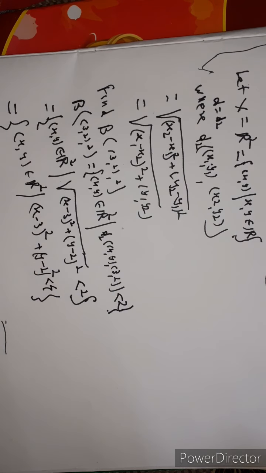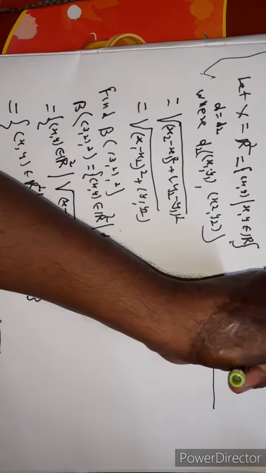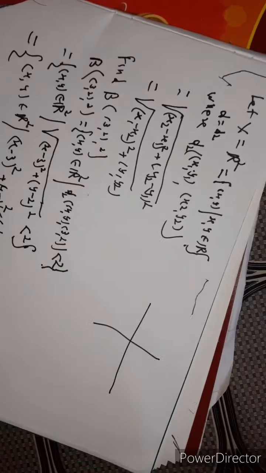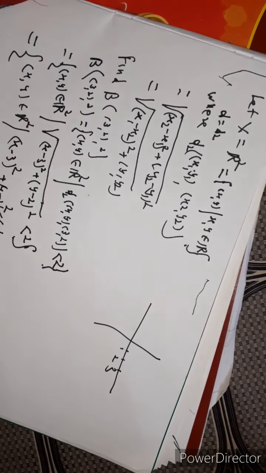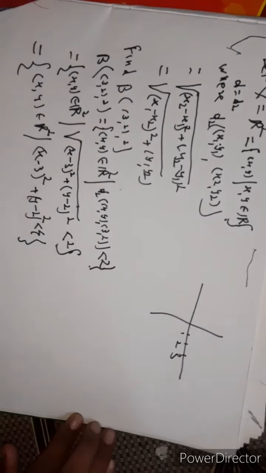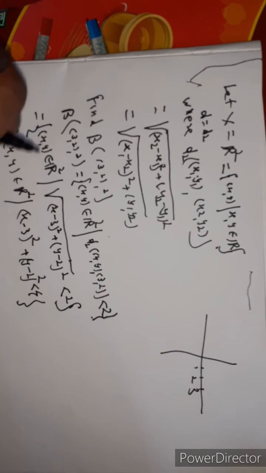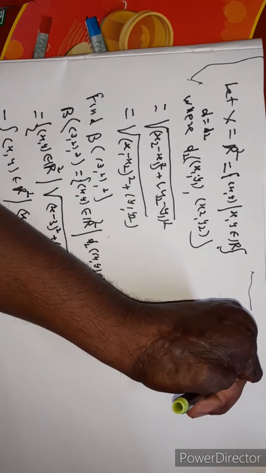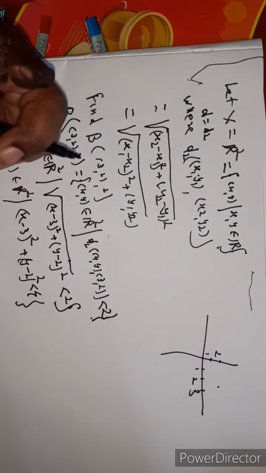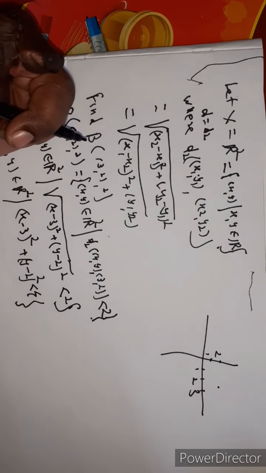Therefore, this open ball is the interior of the circle having center at (3, 2) and radius 2.